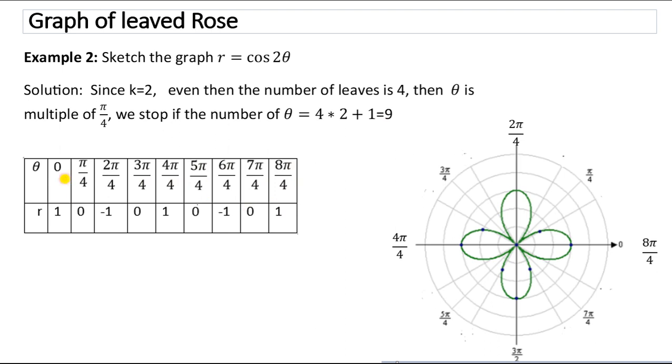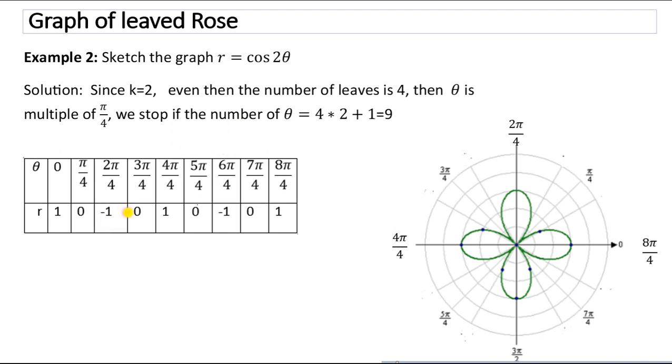If theta equals 0, cosine 0 is 1. If theta equals pi over 4, multiplied by 2 I get cosine pi over 2, which is 0. If theta equals 2 pi over 4, multiplied by 2 I get cosine pi, minus 1.